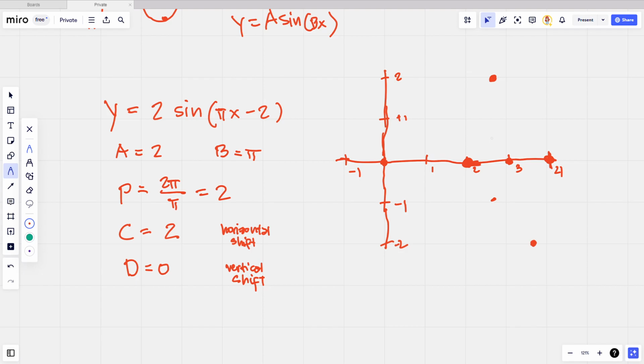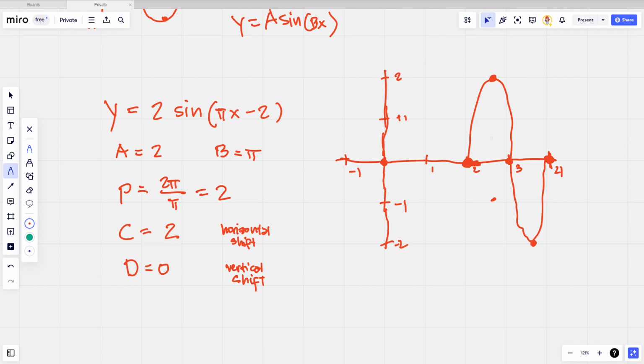The midpoint between 3 and 4 is this point right here, or 3.5. When we estimate that, 3.5, negative 2. So this point right here. And now we just connect these dots. We'd have this graph then. Okay. So that is how one cycle of our graph will look.